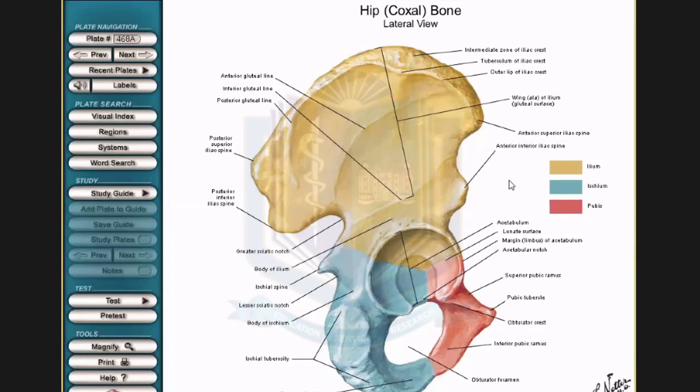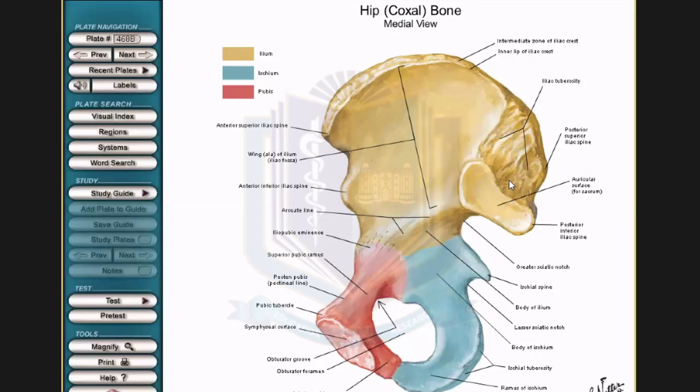When we talk about the medial border, does anyone have an idea about the medial border? What is the medial border of ilium?